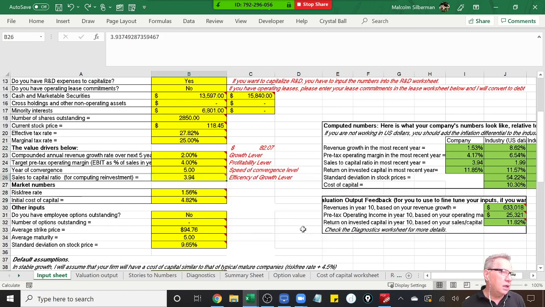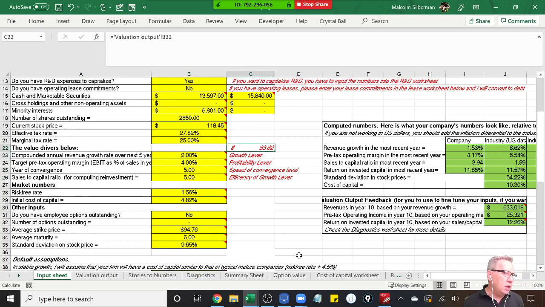Then I changed this from 3.94 to 5. And there's the number changing. So that's how you play with it. But right now it's not looking too healthy.